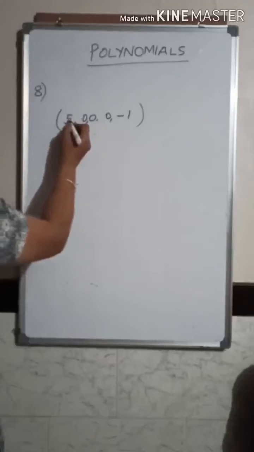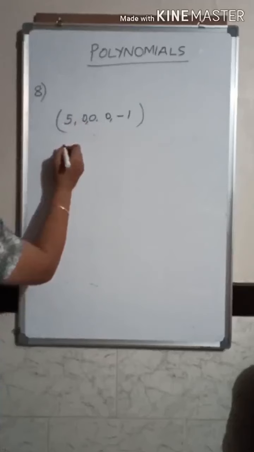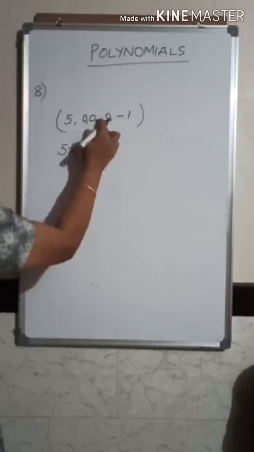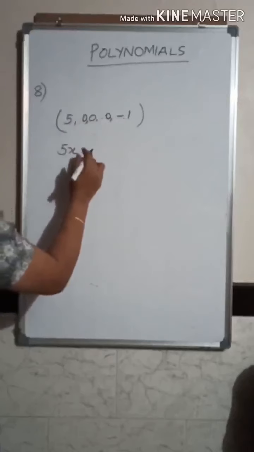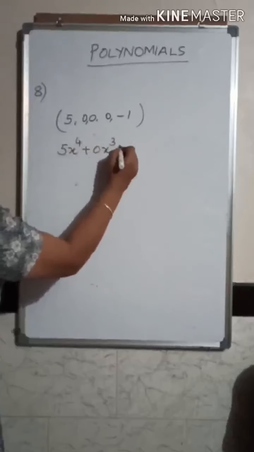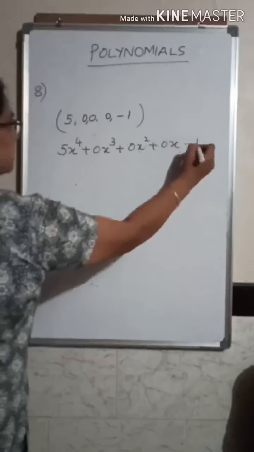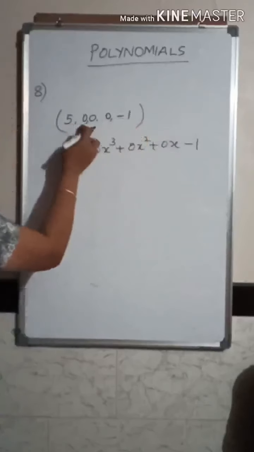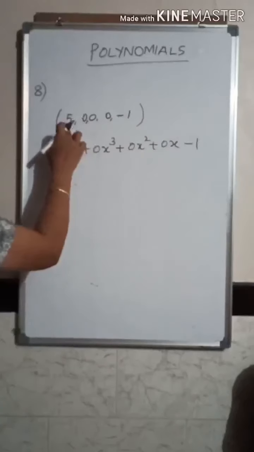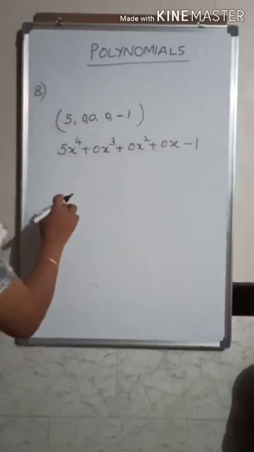So if you have got 5, then you have to take one less than that. So you will get x to the power of 4 plus 0 x to the power of 3 plus 0 x square plus 0 x minus 1. So you count how many numbers are there and start the power with 1 less than that. 1, 2, 3, 4, 5 is there. So 5 minus 1 is 4. So start with 4 and go on writing the polynomial.